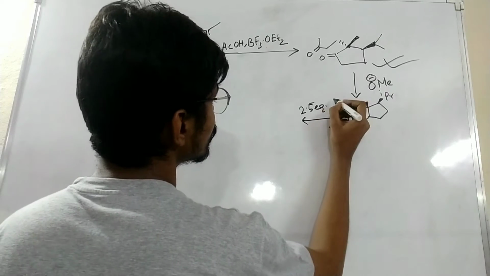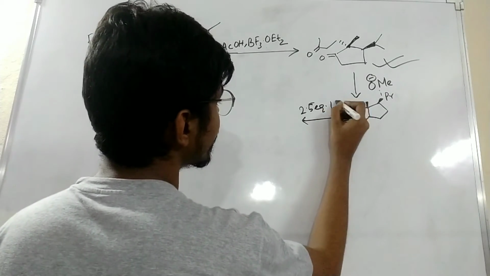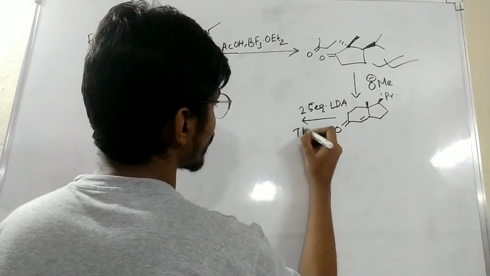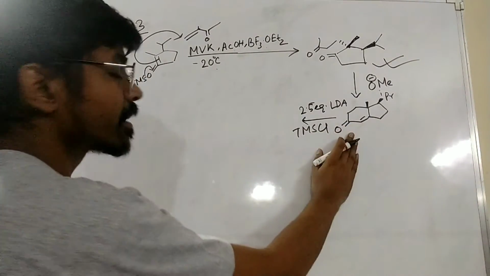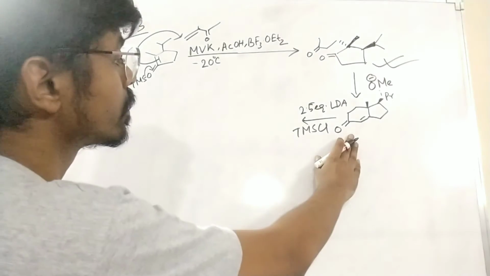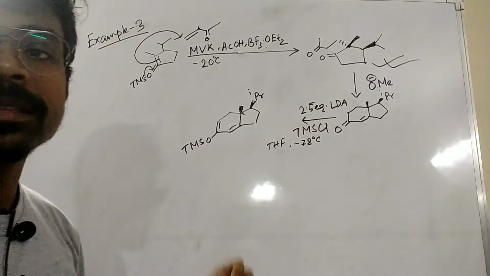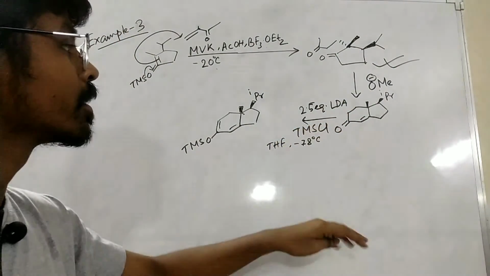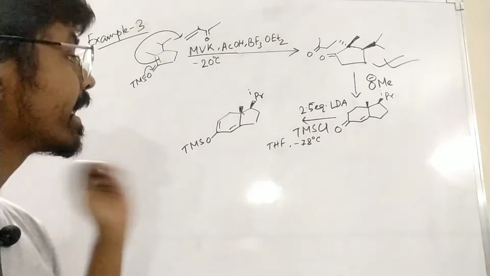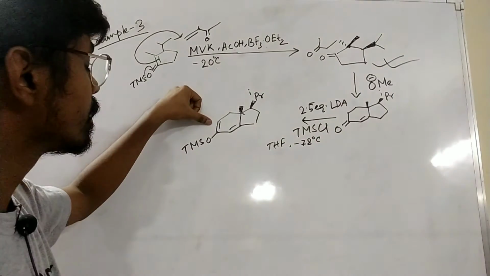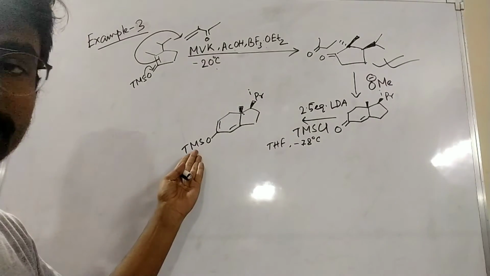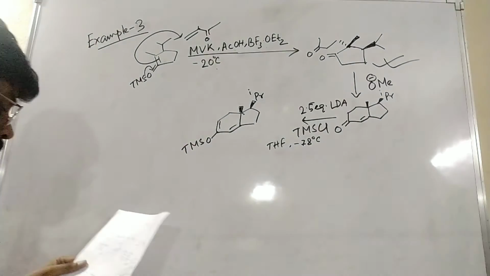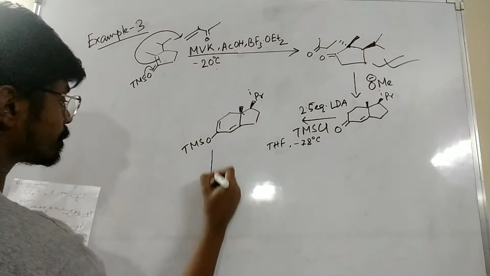So we are going to use 2.5 equivalents of LDA and TMS chloride, and we will protect this one using LDA as base and TMS chloride. We are going to make again a silyl enol ether here, right?